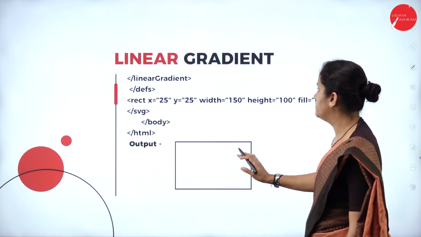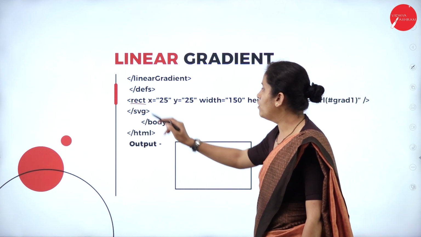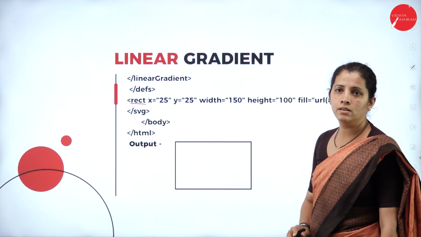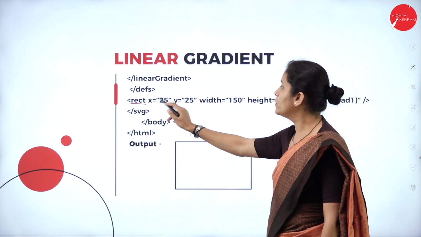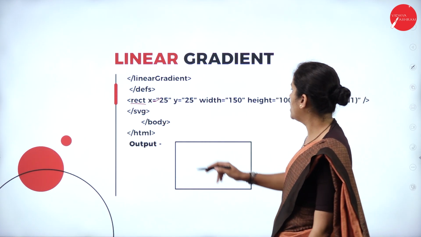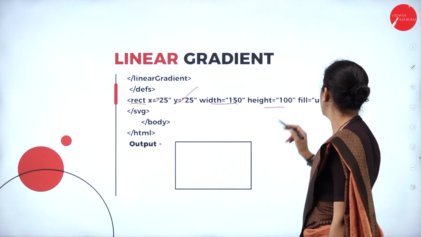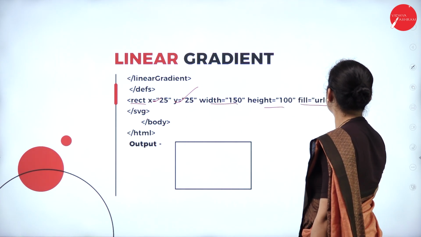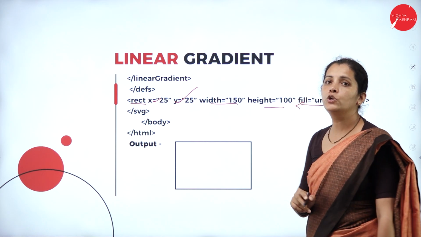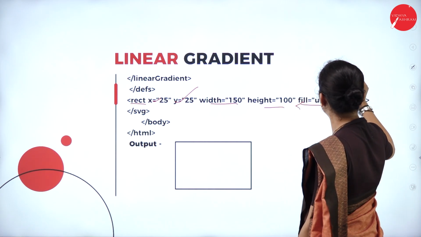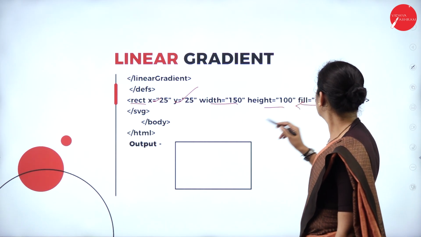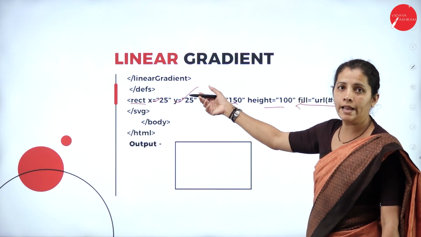See here. Suppose I want to draw a rectangle, so I'm going to have the x coordinate, the y coordinate, and I'm going to specify the width and height. And what I'm passing here is the URL. So what is this? It is nothing but the gradient ID.